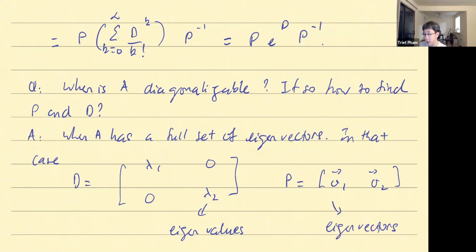The catch is that you must line things up correctly. In other words, if you write lambda 1 and then lambda 2, then you must write v1 first before v2. And so that's the answer for the diagonalization.